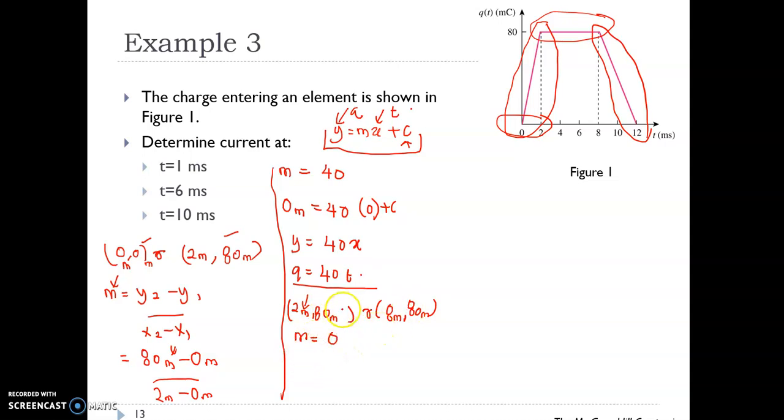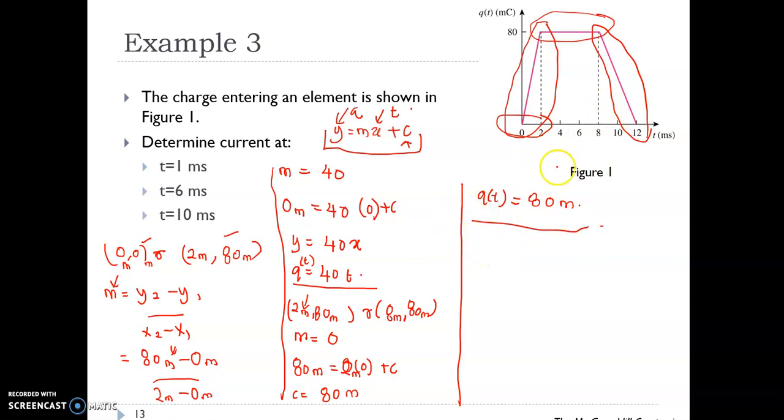And then to find your c, you can take any points. Let's say I take the first point. My y is 80m equals to 0 times 2m plus c. So my c is equals to 80m. Therefore, the equation for this line is Q of t is equals to 80m.